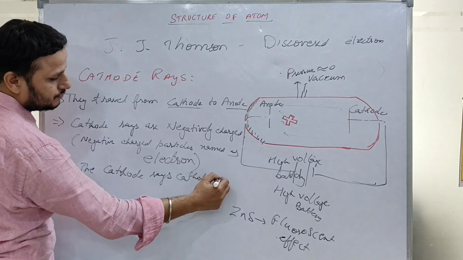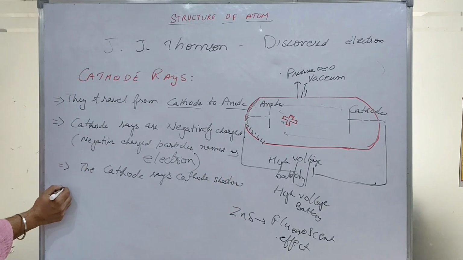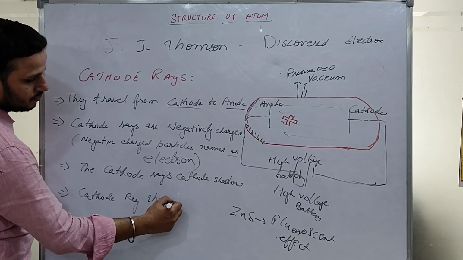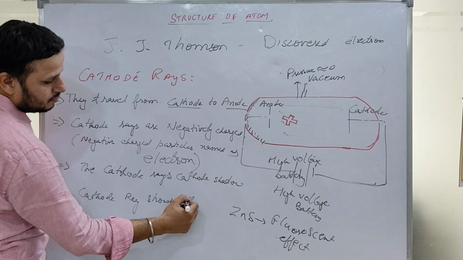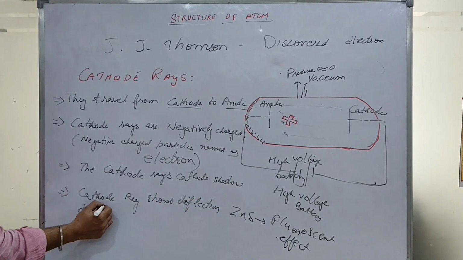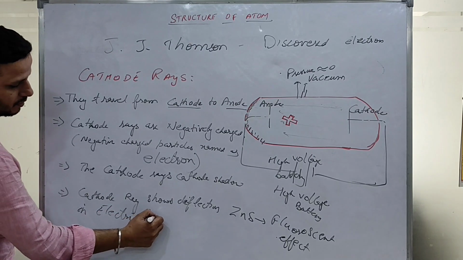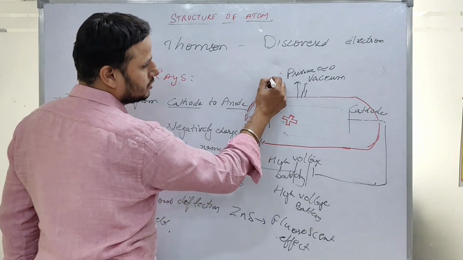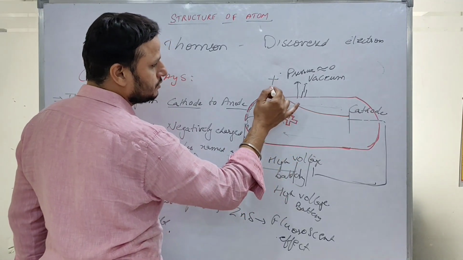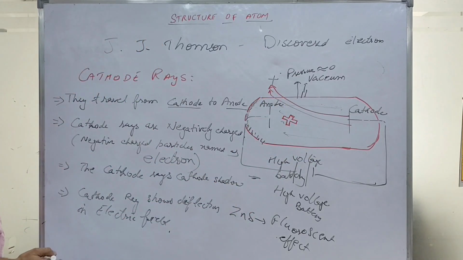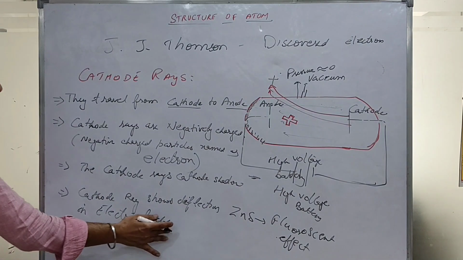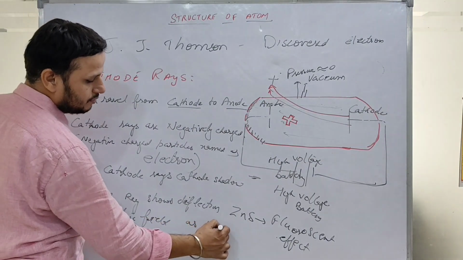The cathode rays show deflection in electric field and magnetic field. If we apply an external electric field, these cathode rays move towards the positive charge. It shows deflection in electric field as well as magnetic field.